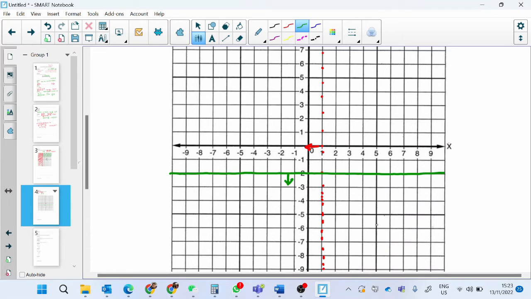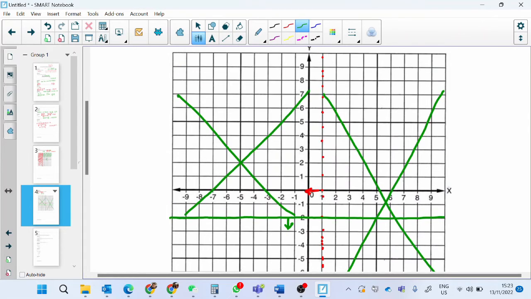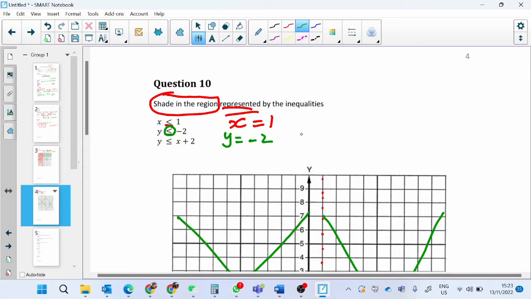So now this side has already been cancelled out by the red one, and this inequality has cancelled out this region as well. Now you have to find the third inequality. It says y is smaller than or equal to x plus 2.